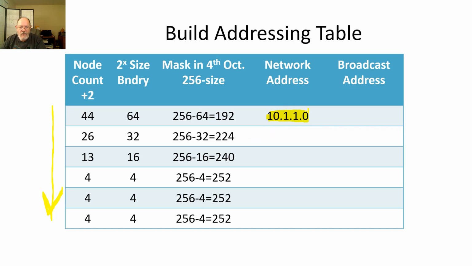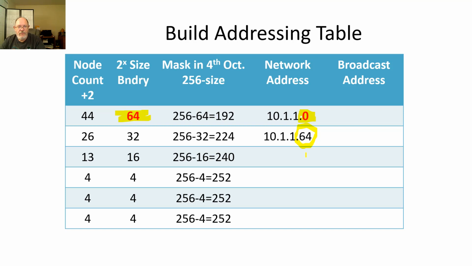So our network address is the first IP address that we own. It's really easy to calculate the next network address. All we have to do is take the size of our first network and add in the network address of our first network, and those 2 numbers added together become the network address of the second network.